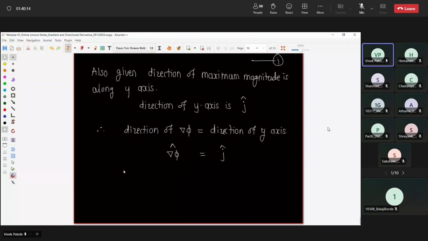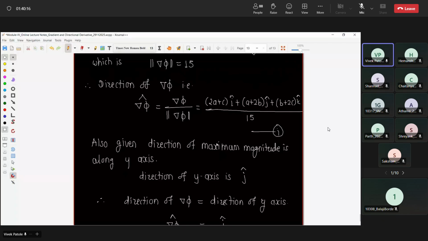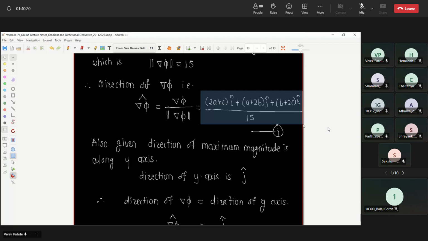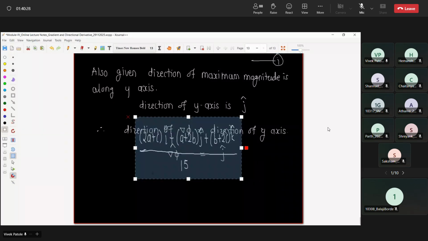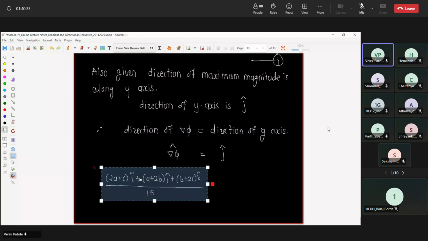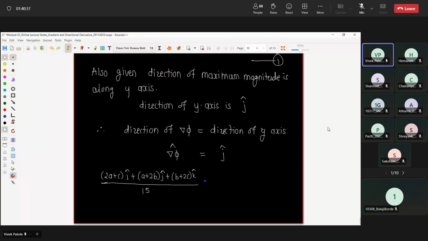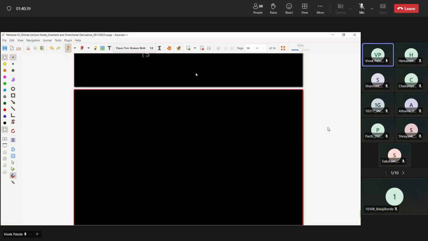Now, what expression are we having for del phi cap? So I am copying that expression. Okay, so this is equal to j cap.